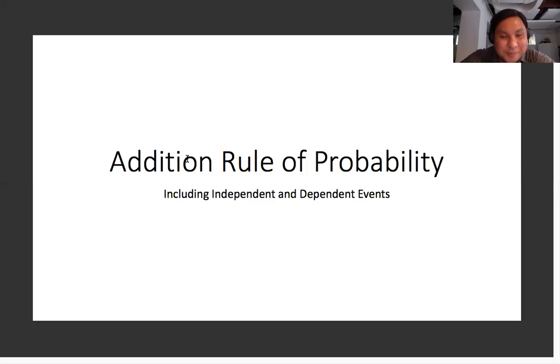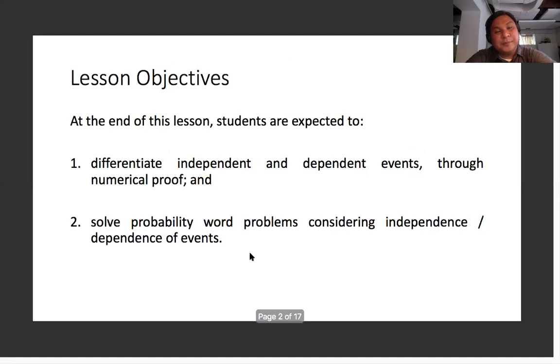Okay, so today we're going to talk about addition rule of probability. Okay, so it's also going to include what we call independent and dependent events. Right. So objectives for this lesson.